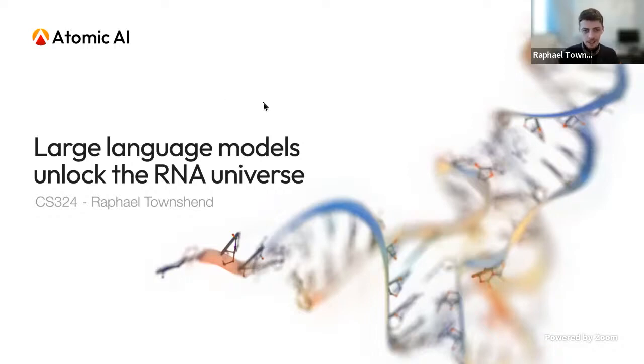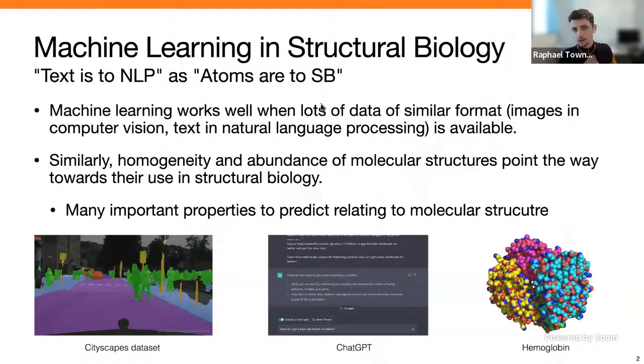First, before I dive into RNA, I want to provide a little bit of context of this general area that I operate in. That's this area known as structural biology specifically, which is reasoning about the structures of molecules.